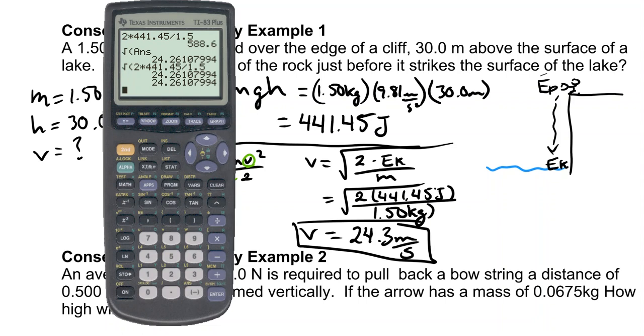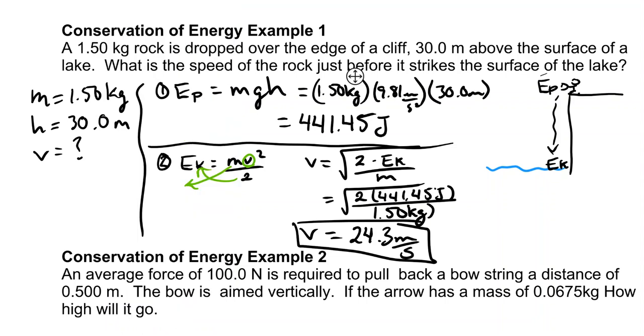You would have gotten the exact same answer. Anyways, let's recap. If you want to find the speed, which is related to the kinetic energy, you have to find the potential energy. So we found the potential energy first, then we turned it into kinetic energy, and then we found the speed.